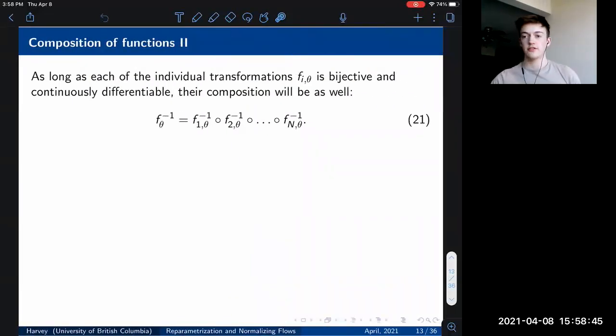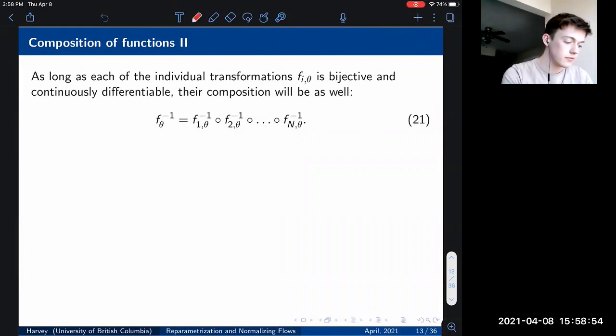Now we're going to think about what this composition of functions means for the properties we want this function to have, such as invertibility. The slide tells us that as long as each of the individual functions is bijective or invertible, then the composition of all the functions will be.